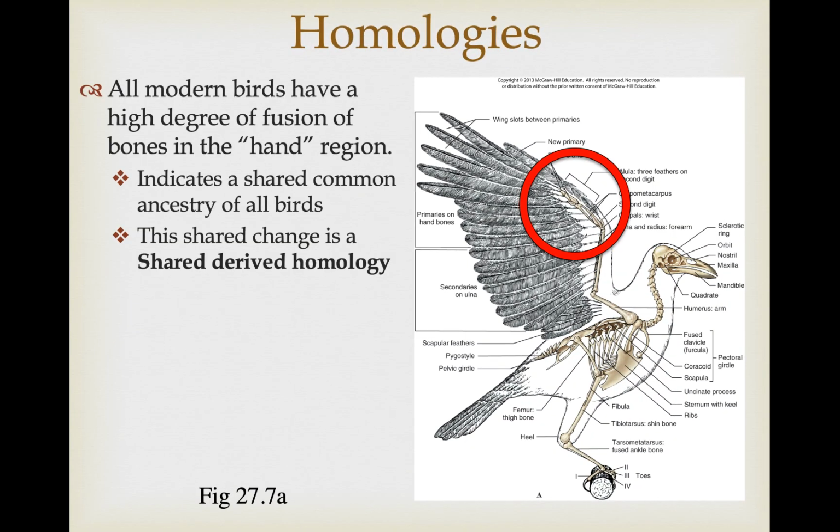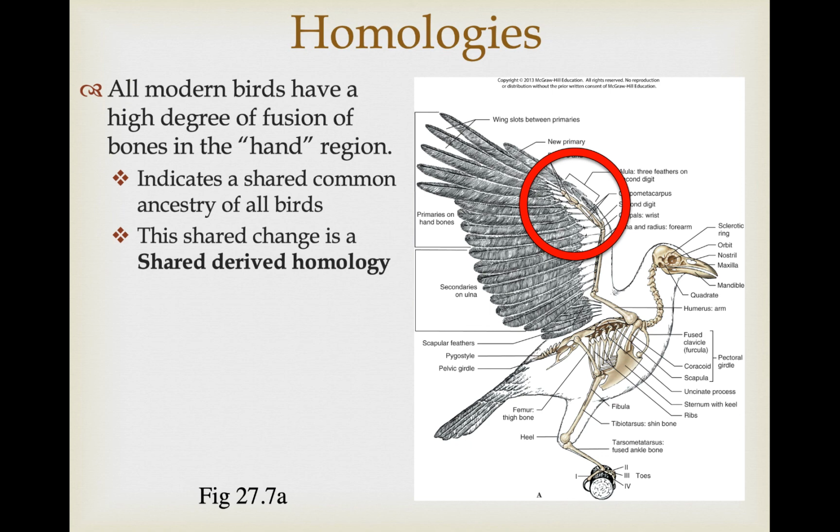If you look within a group like birds, you see that there are certain things that they all share together. They all have this high degree of fusion in the bones of the hand, or what we refer to as the manus. They got that because they inherited it from, again, a common ancestor of all birds.